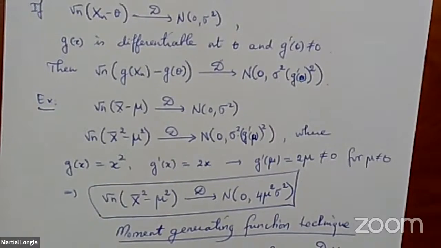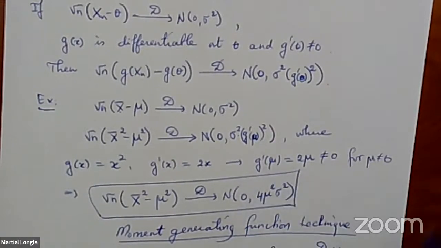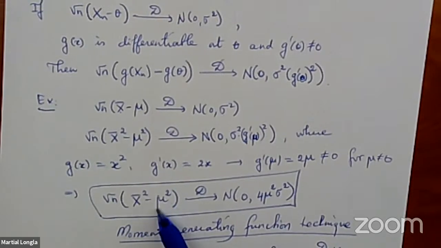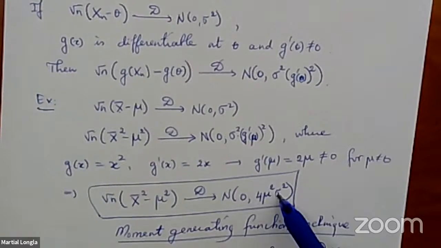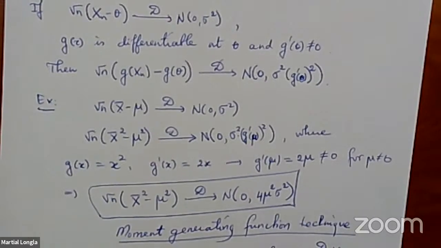So if mu is not 0, then this thing is not 0, definitely. Therefore, square root of n times x bar squared minus mu squared converges in distribution to normal 0 and variance 4 mu squared sigma squared. That's it. And I don't need to worry myself.